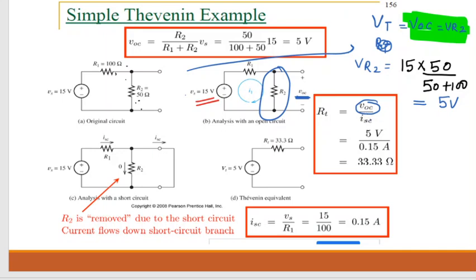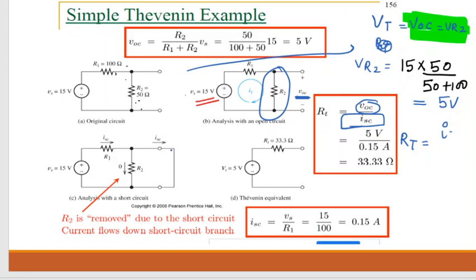Now the other thing to calculate is RT. For RT we need to calculate ISC, according to the formula RT equals VOC divided by ISC. For ISC, we short circuit the terminals and calculate the current.